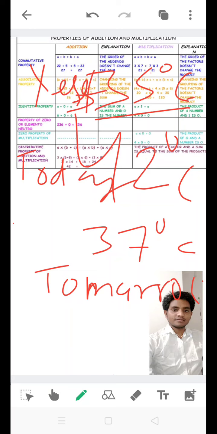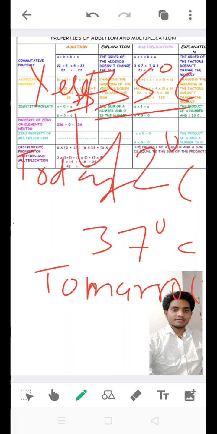Then we look at the change in temperature. From 35 degree centigrade yesterday, how much did it increase today? 42 and 35: 35, 36, 37, 38, 39, 40, 41, 42. 7 degrees centigrade.